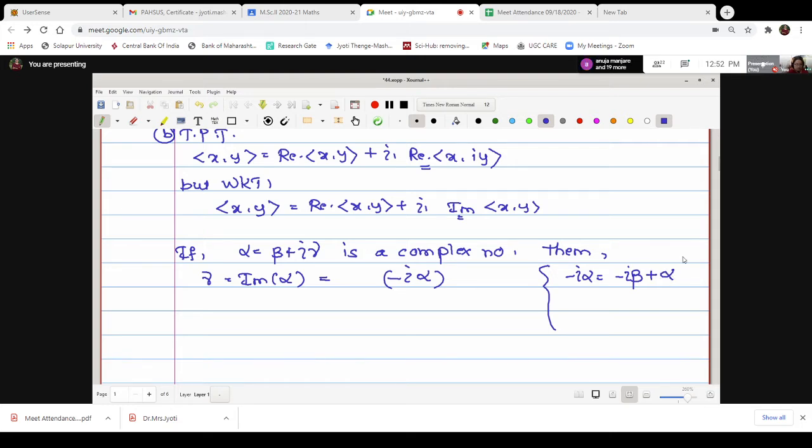Therefore, this is gamma, no? This is gamma. Therefore, what we have observed, now gamma becomes the real part of this number. Therefore, shall I write this gamma, which is initially the imaginary part of alpha, is now the real part of minus I alpha.